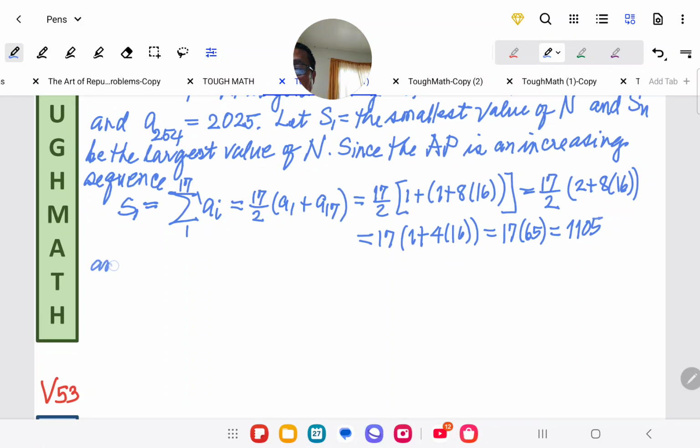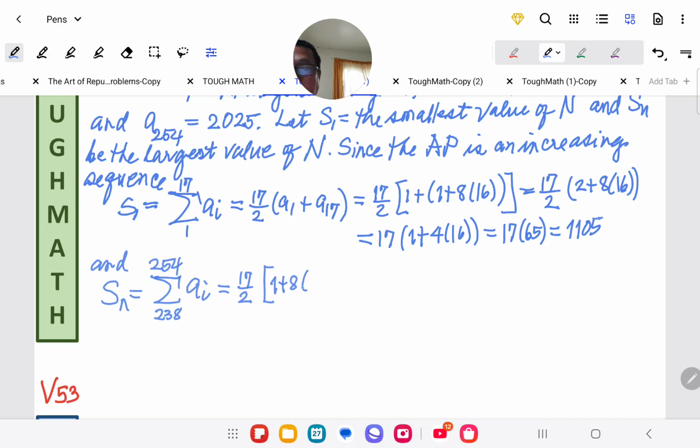and the largest value must be the sum of the last 17 terms, and they are the sum of a sub i from 238 to 254, which is equal to 17 over 2 times 1 plus 8 times 237 plus 1 plus 8 times 253.